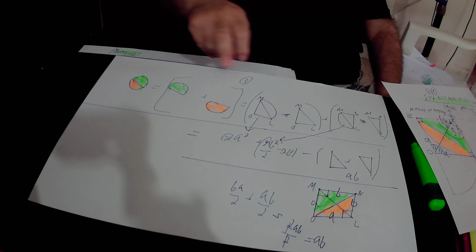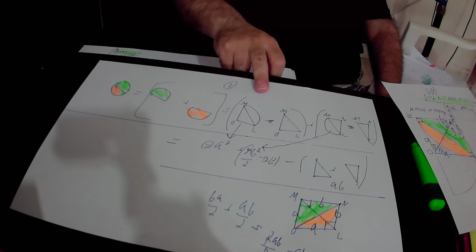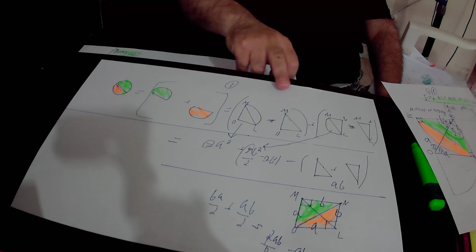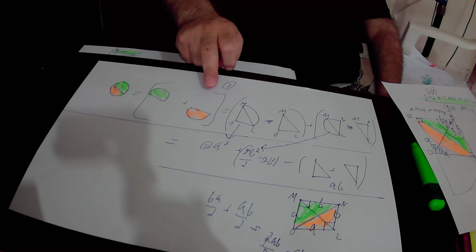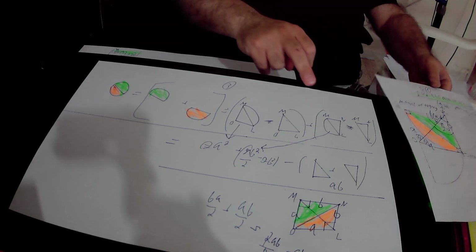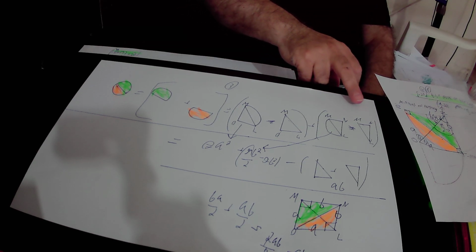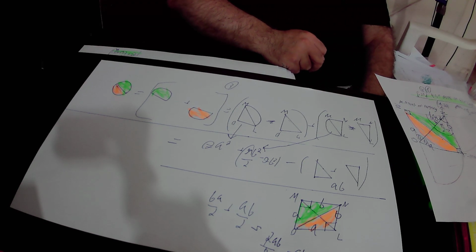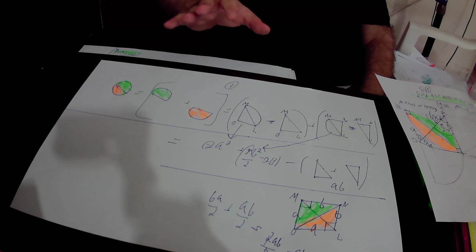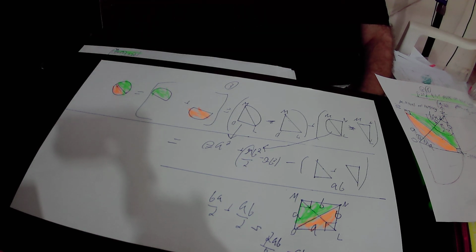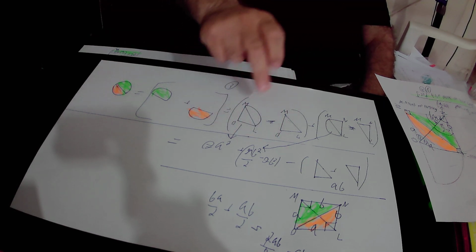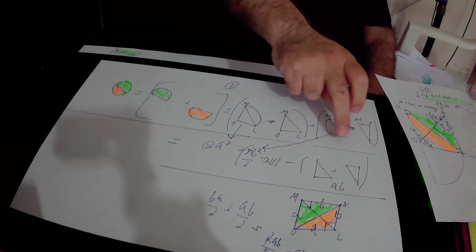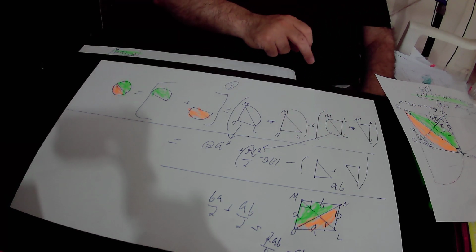Okay, the area of the upper circular segment equals the area of sector MOL minus the area of triangle MOL, while the area of the lower circular segment of this lens equals the area of sector MNL minus the area of triangle MNL. In total, the area of this lens equals the sum of the areas of the two sectors, this expression, minus the sum of the areas of the two triangles.